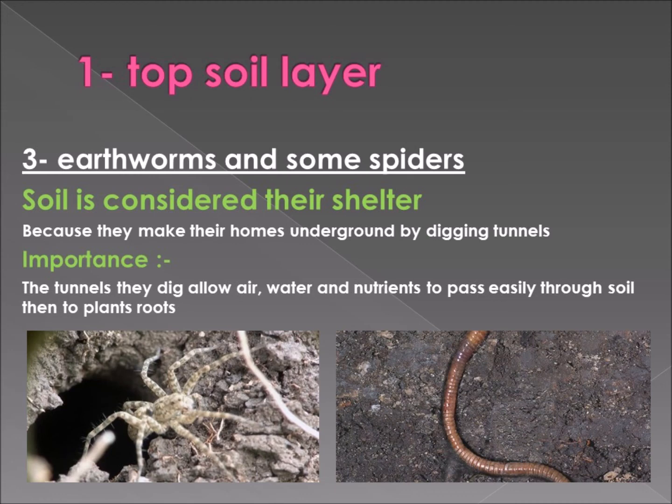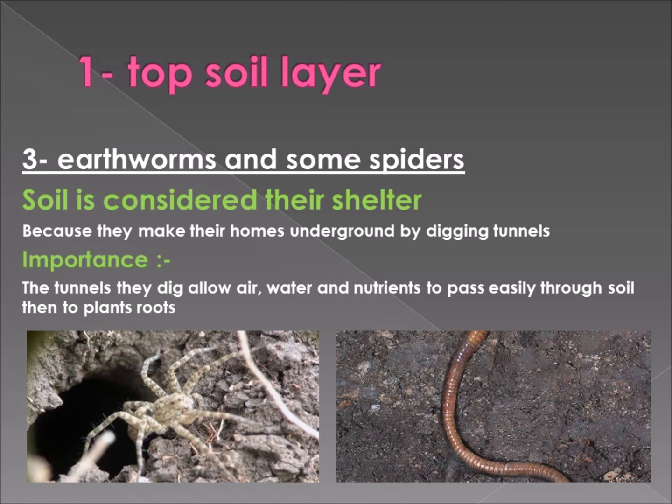Okay, what is the importance of this tunnel? When the earthworm and the spider dig a tunnel inside the soil, they allow the air and the water and nutrient to pass easily through the soil and reach the plant roots. Then the plant roots will take this air and water and nutrients and give it to the plant and give it the required food.